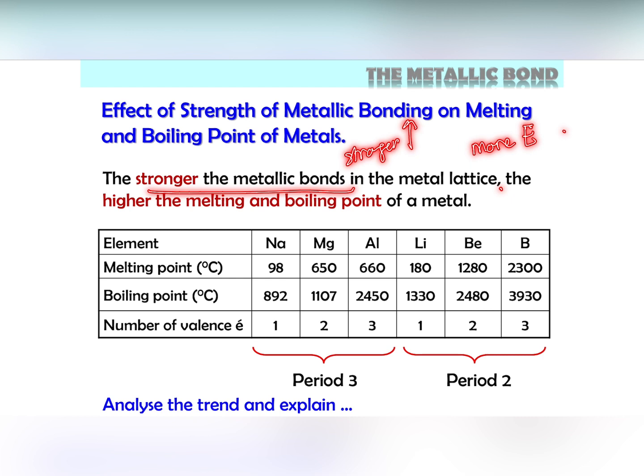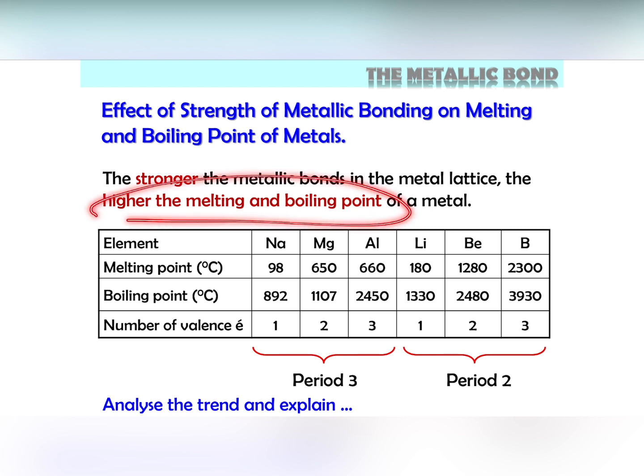So that is why the result will be high boiling point and also melting point. Okay, so sama juga konsep dia macam sebelum ni. Kenapa melting point dengan boiling point tu higher? Because you need more energy. Okay, kenapa kita need more energy? Because the forces of attraction ataupun the bond is strong. So in this case, kita discuss tentang strength of the metallic bond.